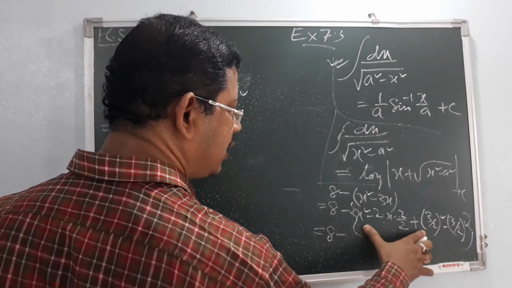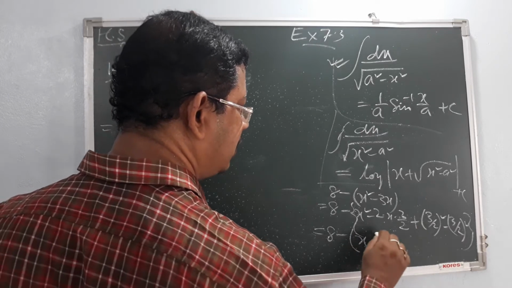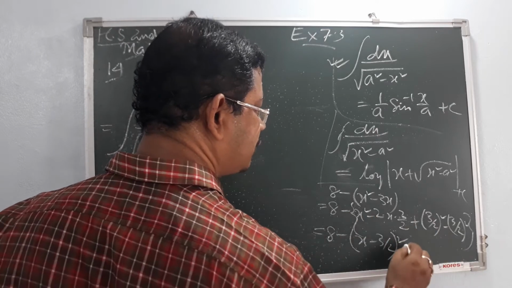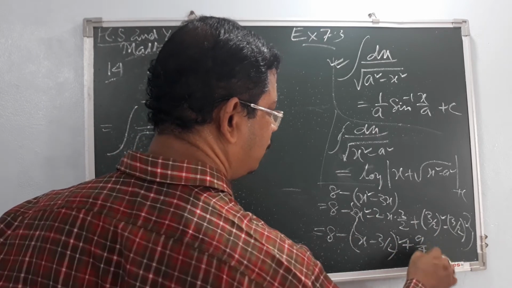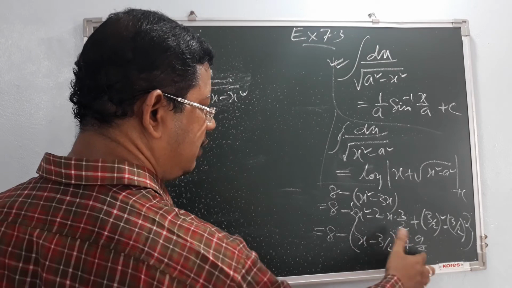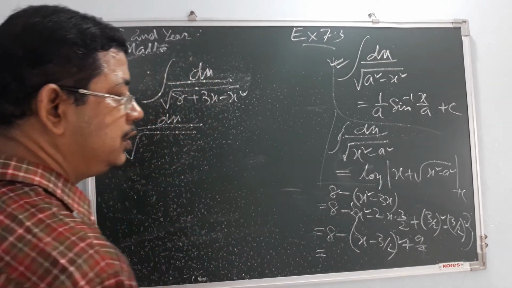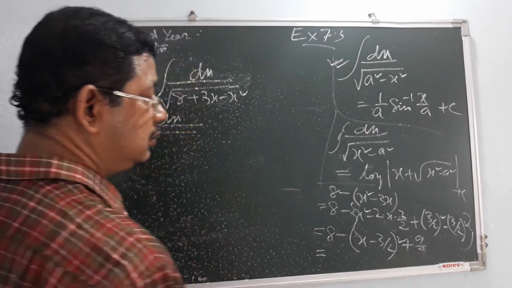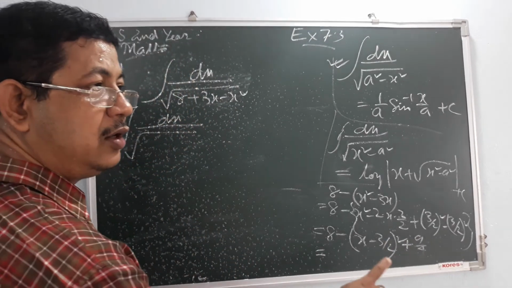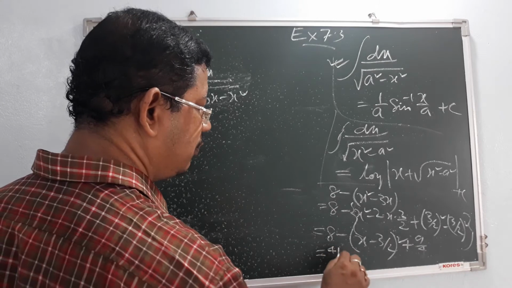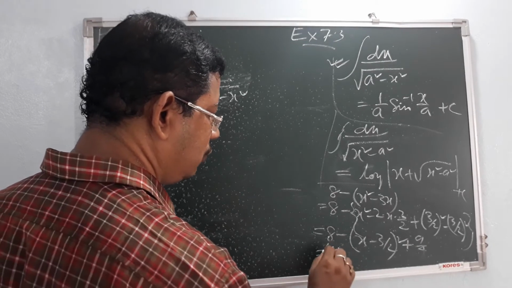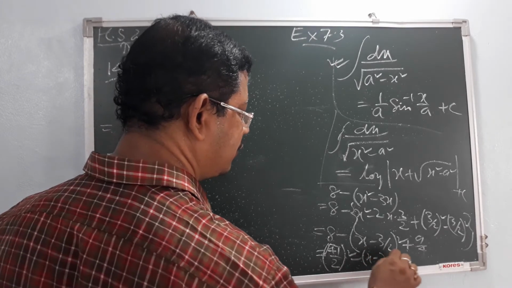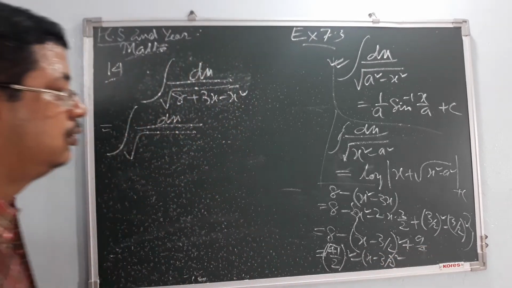This can be written as x minus 3 by 2 whole thing square, minus minus plus 9 by 4. If we add 8 plus 9 by 4, then it will be 8 into 4, 32. 32 plus 9 is 41 by 4. That is root 41 by 2 whole thing square minus x minus 3 by 2 whole thing square.